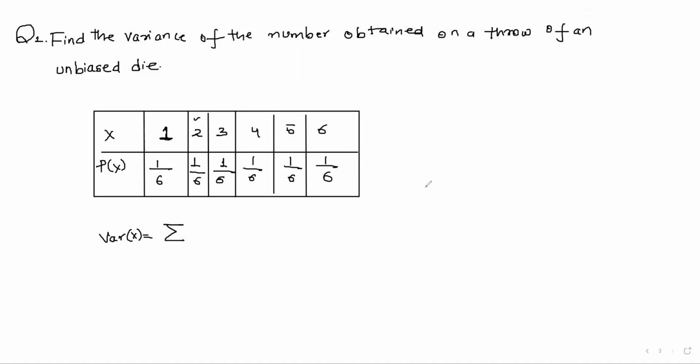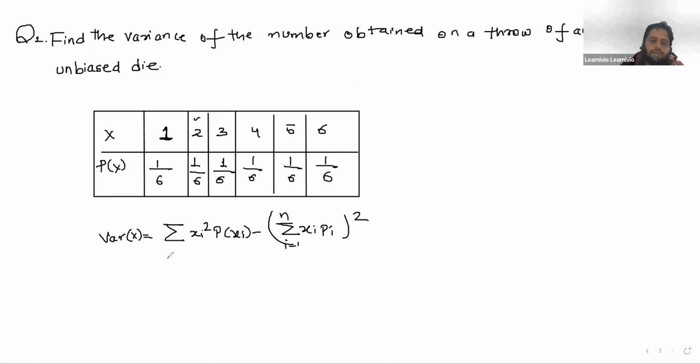See, it is the sum of xi square pi minus the mean square, or we can say the sum of xi pi whole square, with i going from 1 to n. If you see here, you have to find out the value of x. Next you need its square.